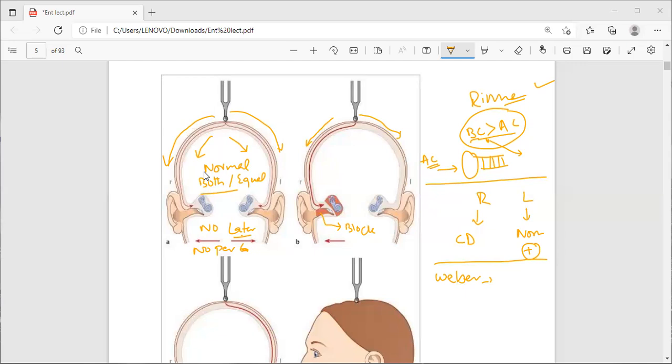If a patient has conductive hearing loss in one ear, suppose the right ear, his cochlea will be overstimulated to the sound, which is perceived through the bone.